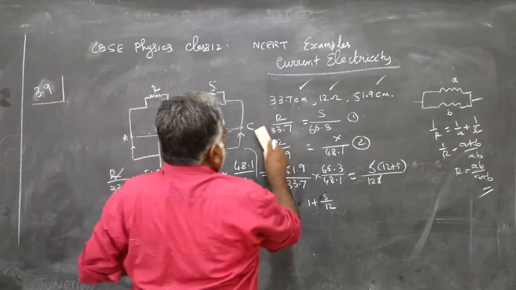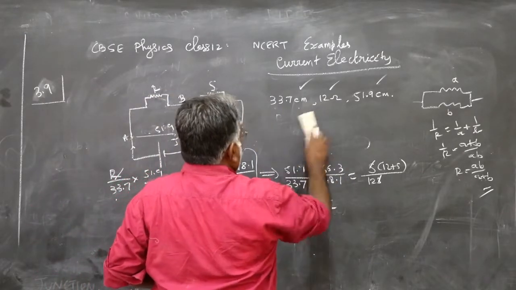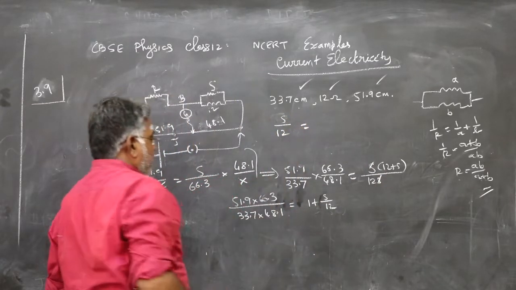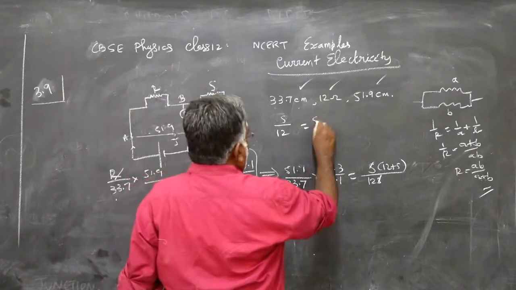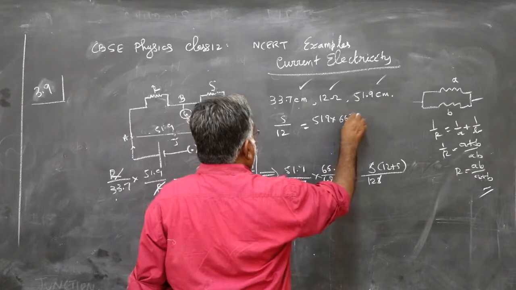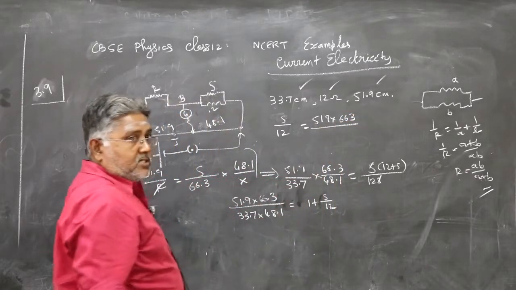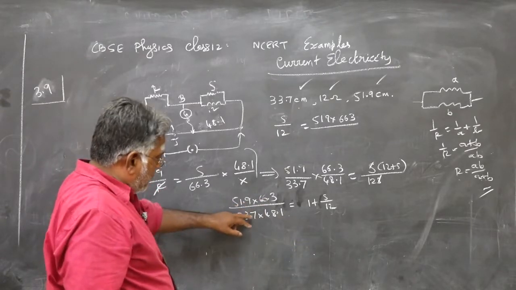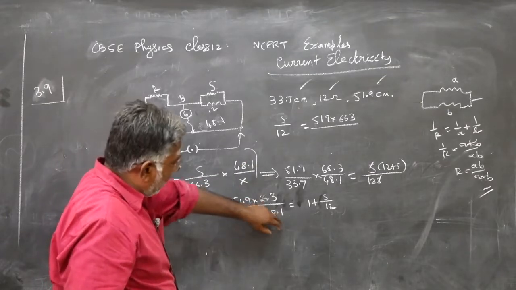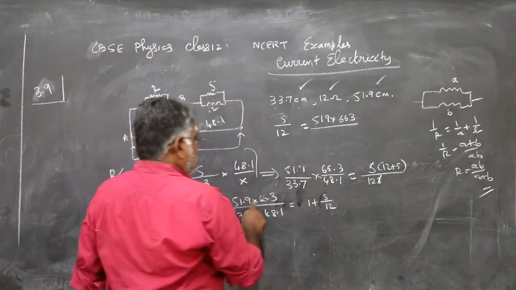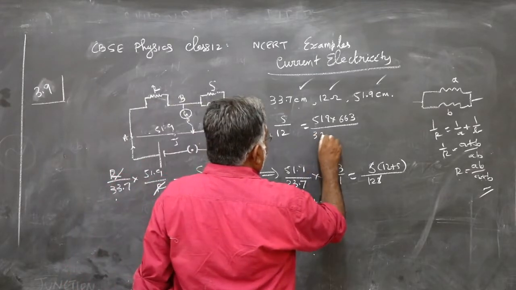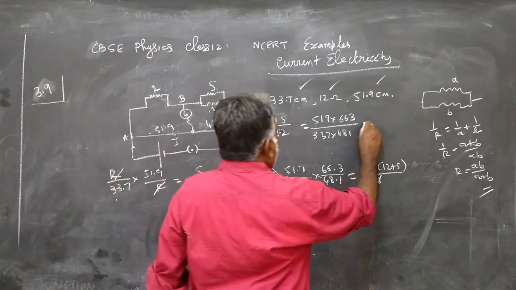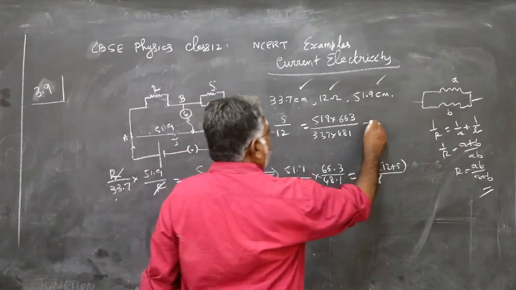That is, S by 12 is equal to... You can remove decimals because here also it is 51.9, 33.7, 66.3, 48.1. So 519 into 663 by 337 into 481 is S by 12 minus 1.